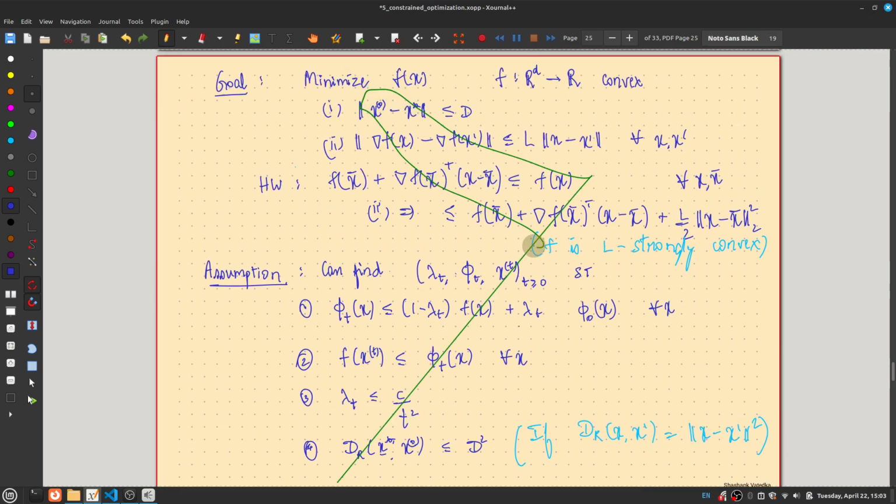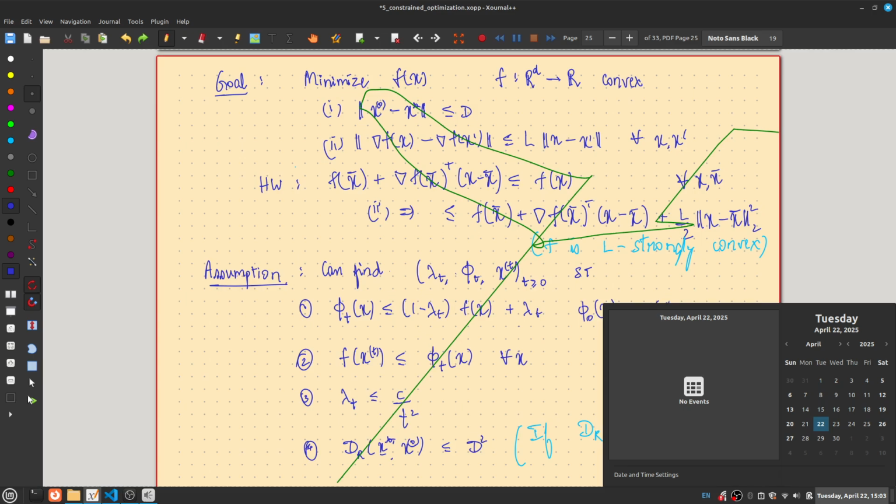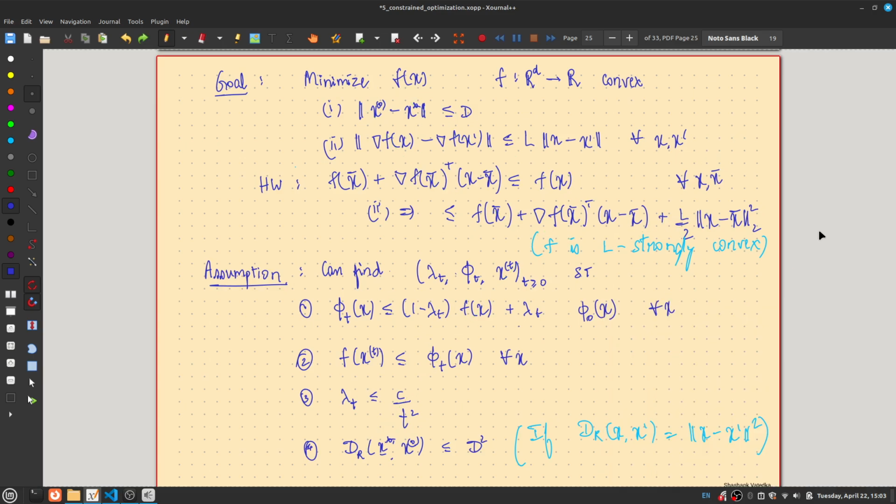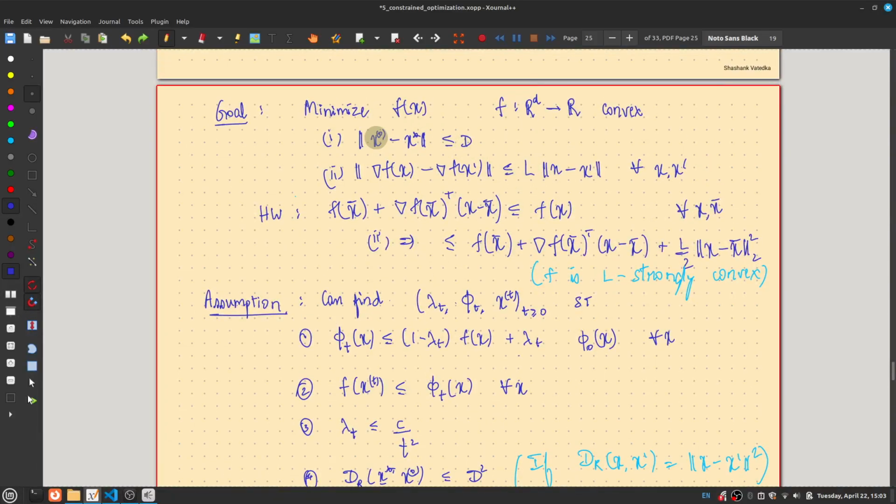Oh, you mean this particular constraint? No, the second one. Oh, this. Yeah. This doesn't really give you anything much.